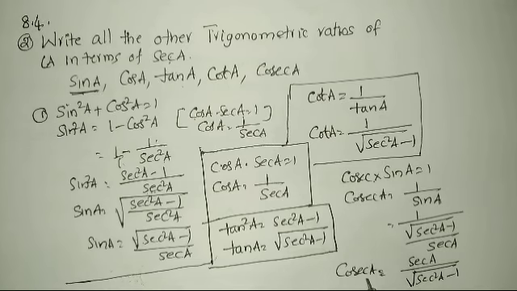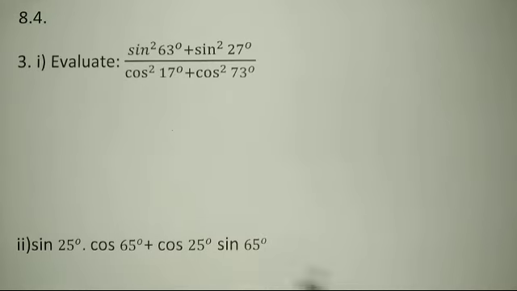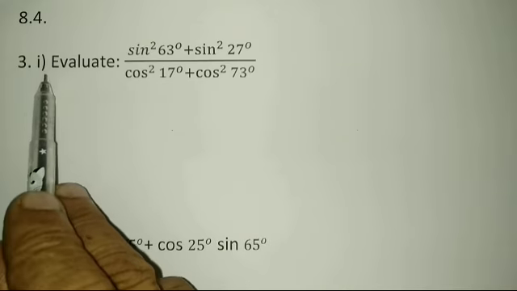So cosecant A is expressed in terms of secant A as secant A by root of secant square A minus 1.